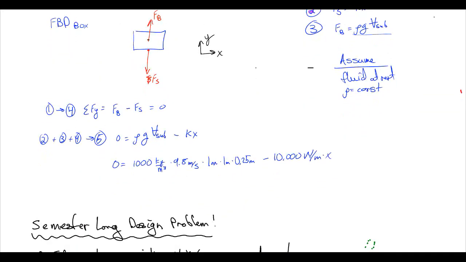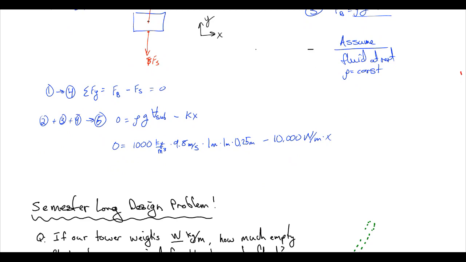And so we check. We always check. How many unknowns do we have? Only one unknown. Great. So we can solve for that unknown, and we find out that x is equal to 0.25 meters.